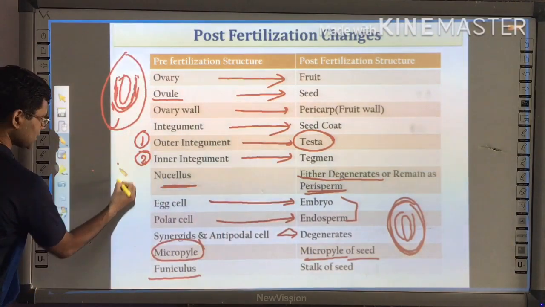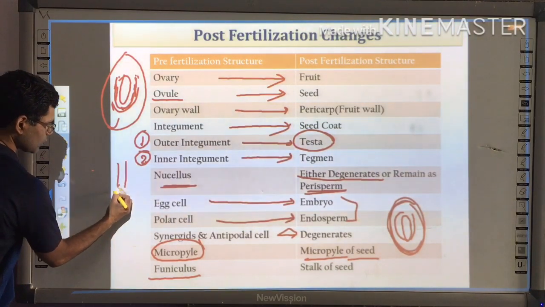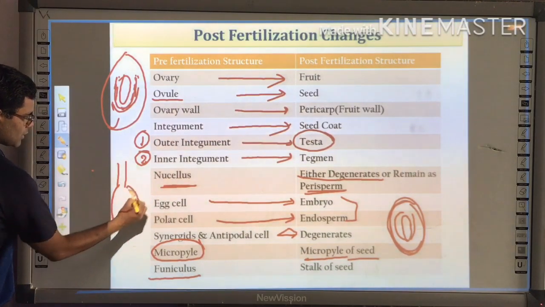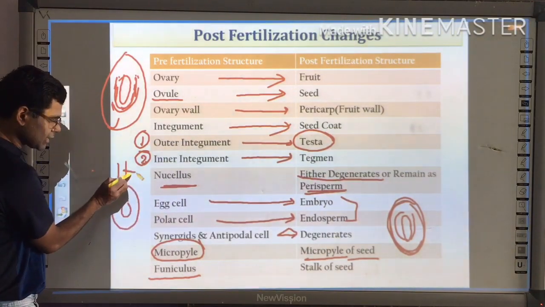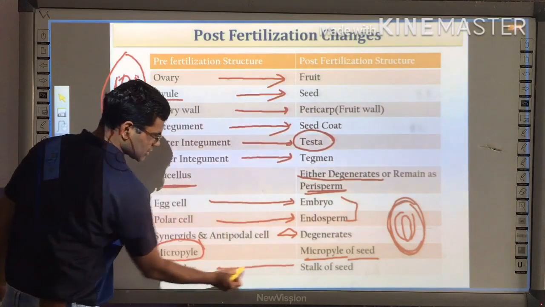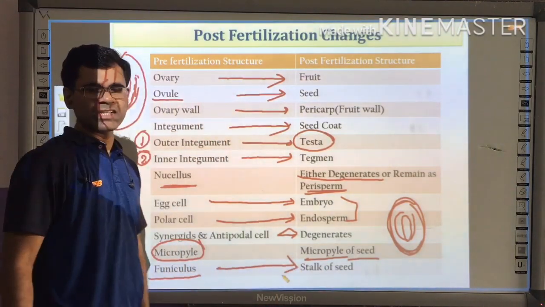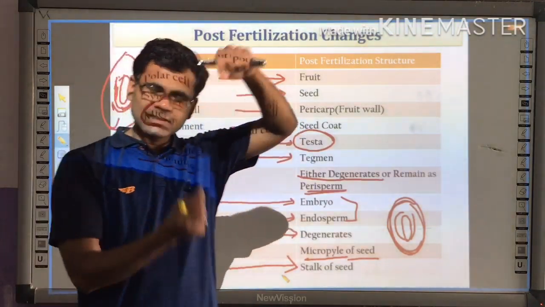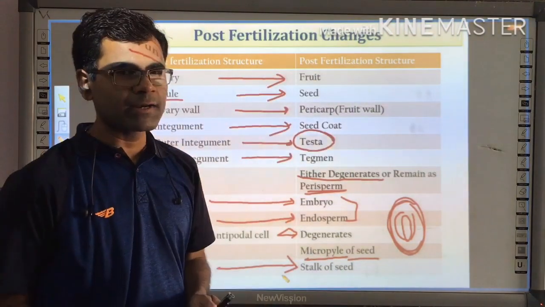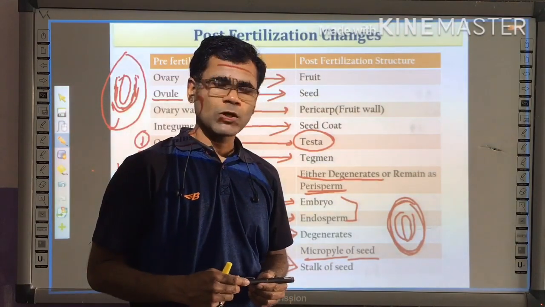And the last structure is the funiculus, that is the funicle. Remember, there was a stalk-like structure, and this is that stalk-like structure, where the embryo sac is there. This is called the funicle. This funicle remains as the stalk of the seed. So whatever stalk seeds have, it is nothing but the mature or modified funicle.